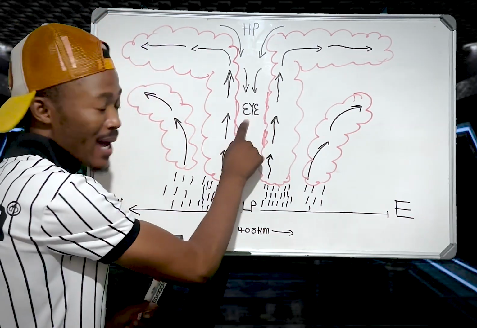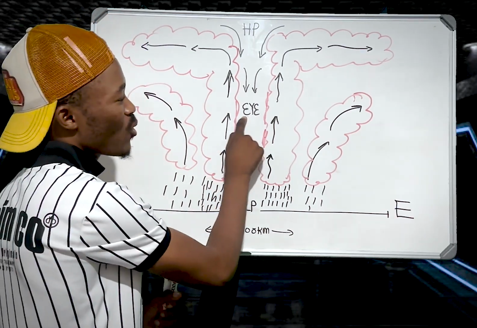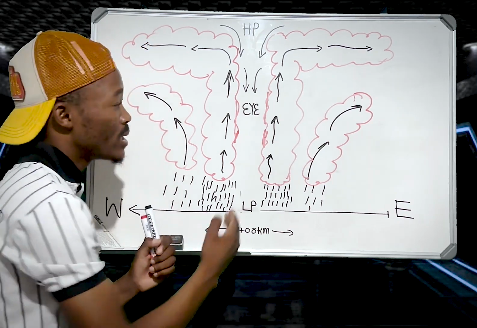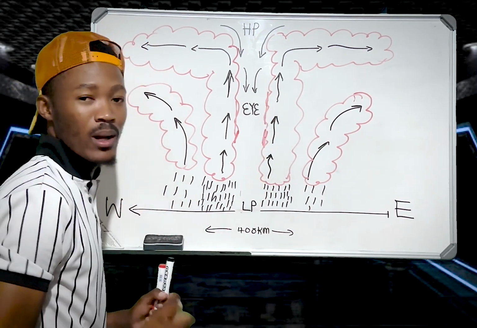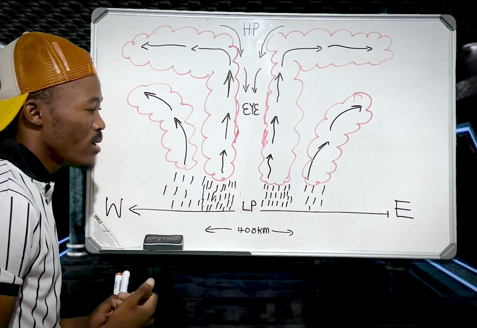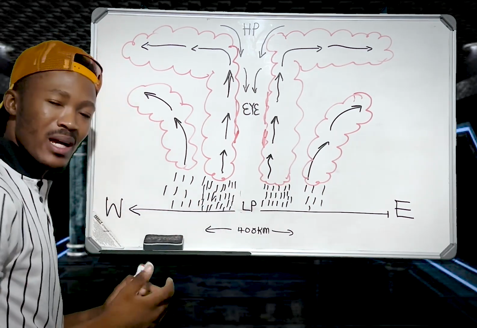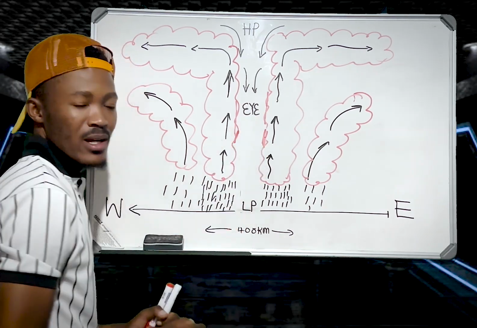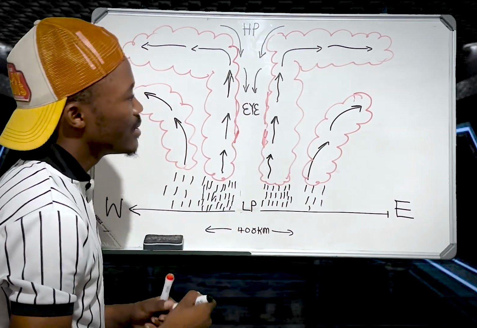Therefore, the conditions recorded at the eye will be completely different from the conditions recorded at the eye wall. At the eye wall, we said we have torrential rainfall coupled with strong winds as well as your storm surges. But at the eye, the conditions are completely different.